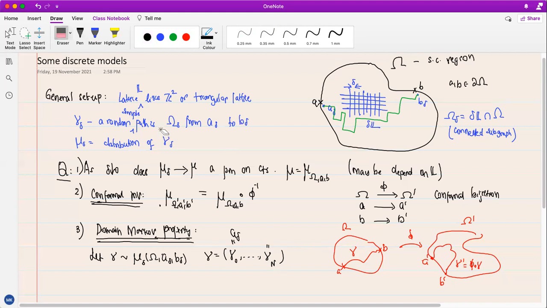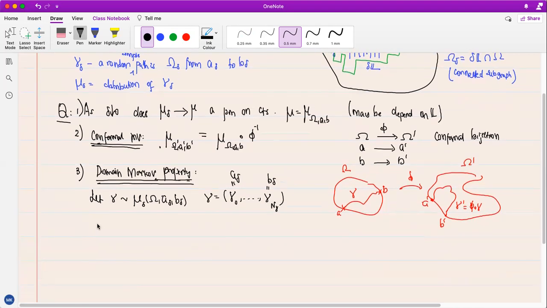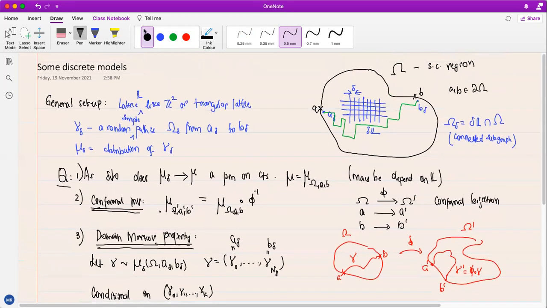So the number of steps will itself depend on the path, and that last point will be B delta. So the statement is that conditional on the initial part, let's say gamma naught, gamma 1 up to gamma k, so that means you know the path up to a certain point.